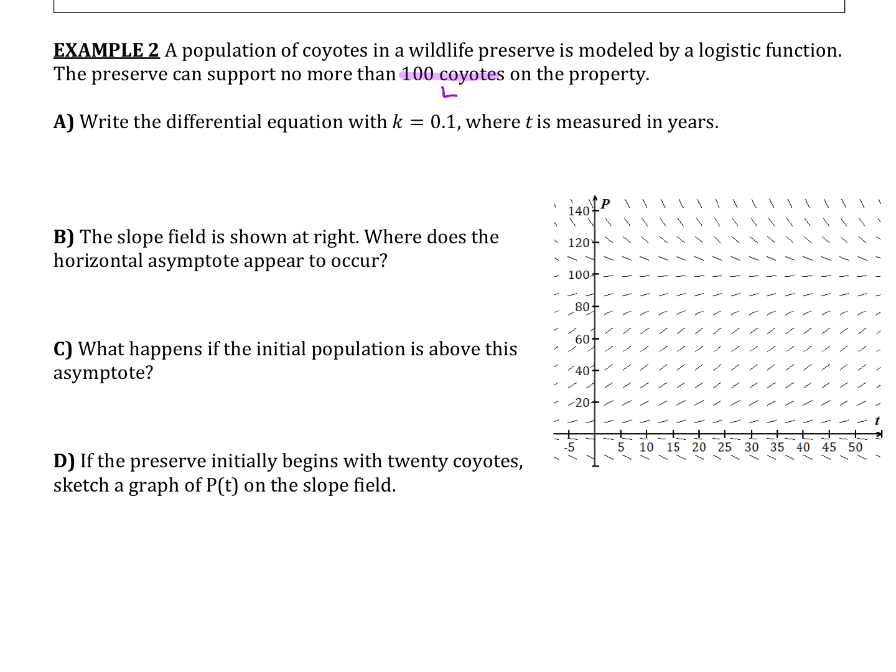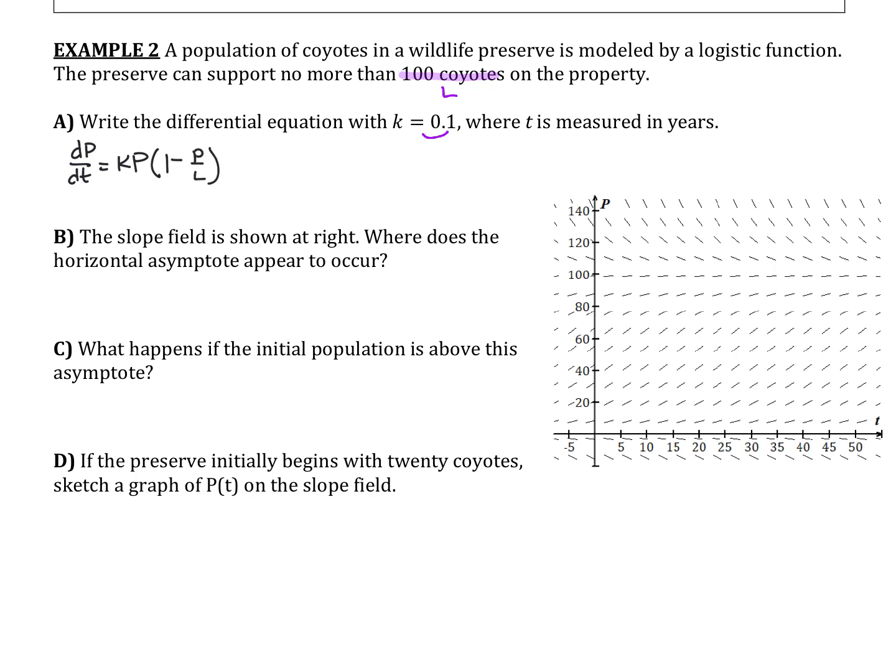We know our k value is 0.1. And so we're going to use the differential equation that was listed on the front: dP/dt equals kP times 1 minus P over L.